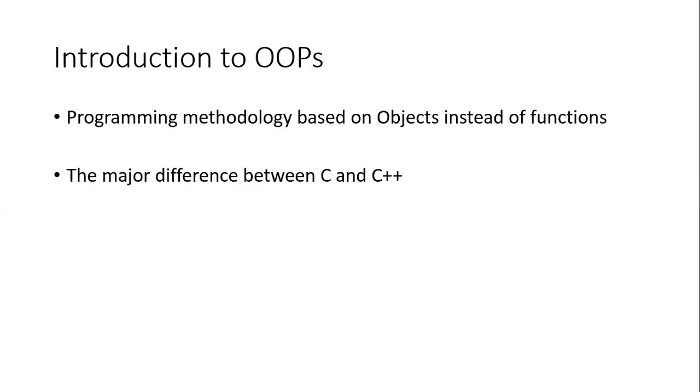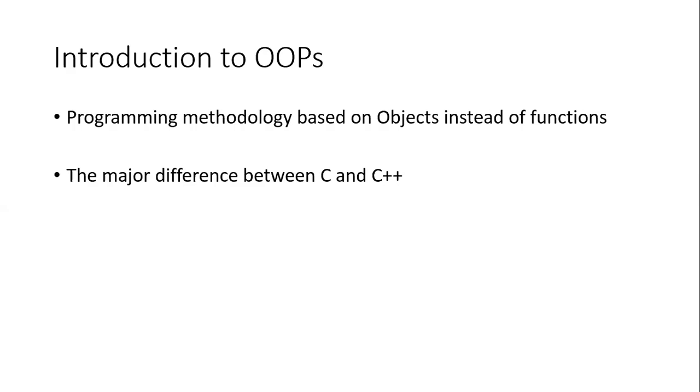So C++ has its own capabilities, and also it is an object-oriented programming language. C is a functional-oriented or procedural-oriented programming language. C++ is an object-oriented programming language.